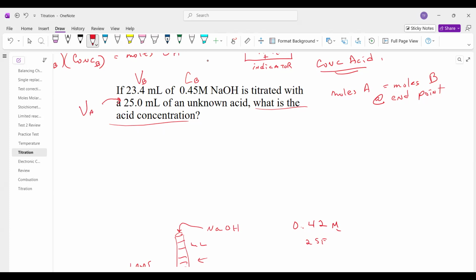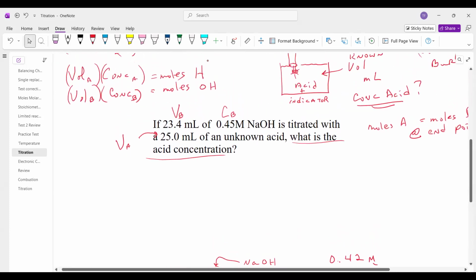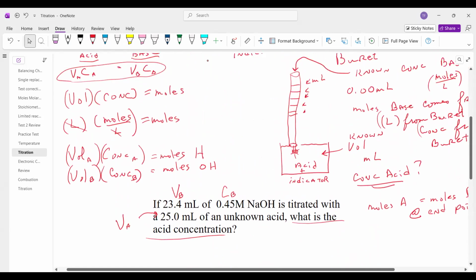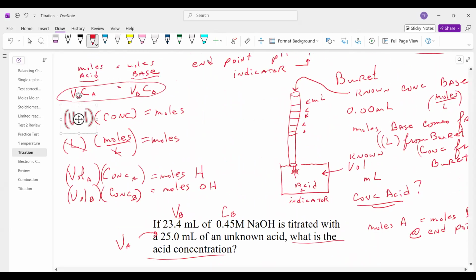So now we can put our equation together. I'm going to use this one here. So moles of acid, volume times concentration, equals moles of base, volume times concentration.